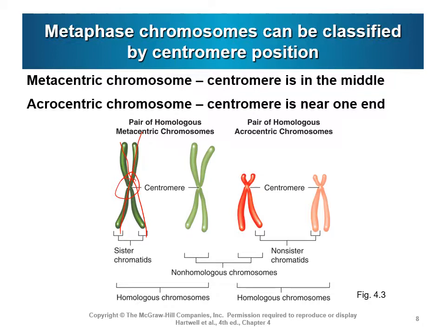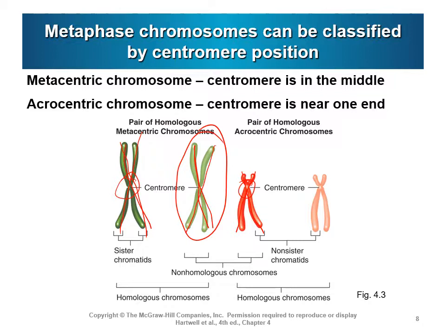And the acrocentric chromosomes are those in which the centromere is not in their symmetric geometric center. In here, these two chromatids are sister chromatids, whereas this chromatid and this chromatid are non-sister chromatids.